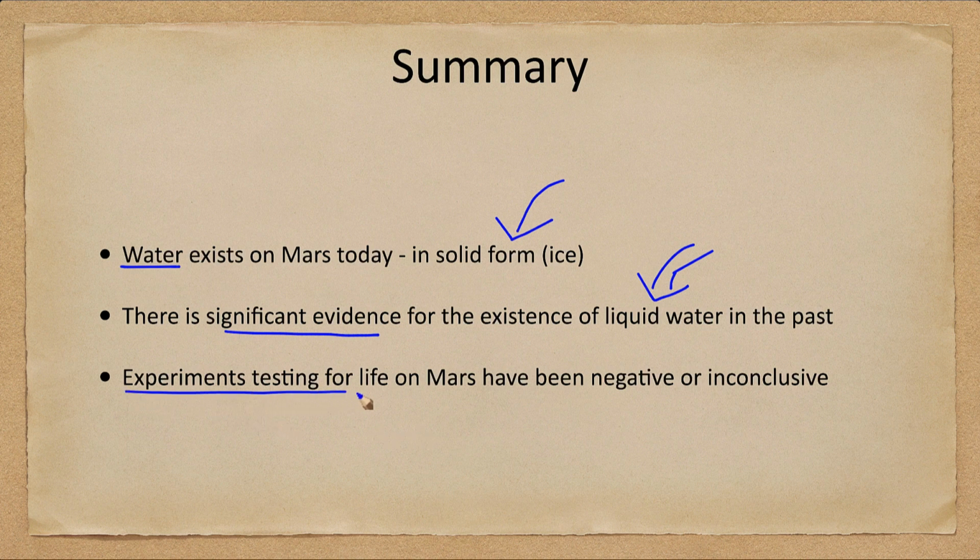However, experiments testing for life on Mars have either been negative or inconclusive. So we can't completely rule out life on Mars, but we certainly cannot say that there is or has been any life on Mars at this point. And the experiment and sample taking and testing continues.